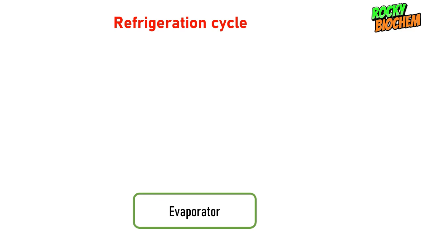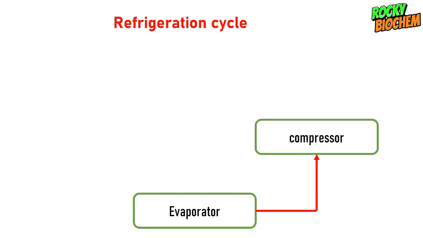The saturated vapor will leave the evaporator and enter the compressor region. There, the compressor will compress the saturated vapor isentropically, that is, at constant entropy, and it will become a superheated vapor. You see, when you compress a substance, the pressure on it increases, and pressure is directly proportional to temperature.